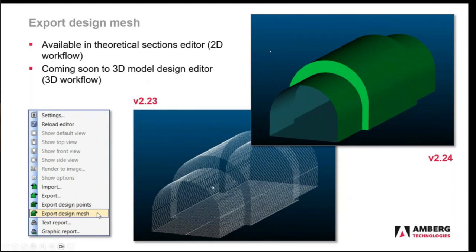The main purpose of doing this is to do quality checks, maybe in some other authoring software, to compare the model that you have recreated in Amberg Tunnel to what you receive from the designer or the client. Now you can export the surface as a surface file, so OBJ format or PLY format. These are two quite common surface file formats. So it's a much cleaner data set to work with.